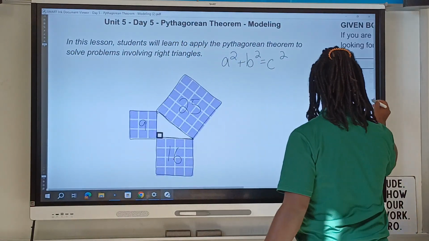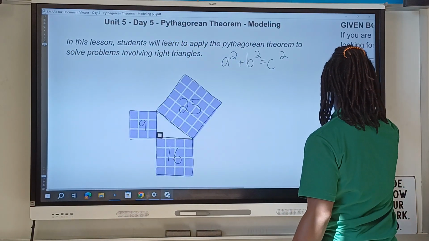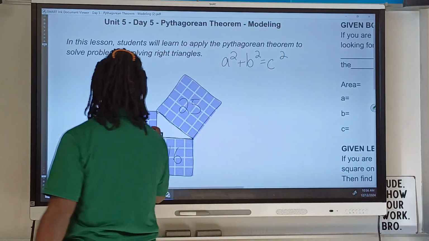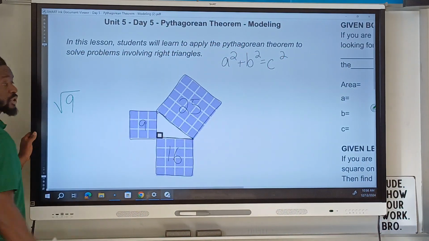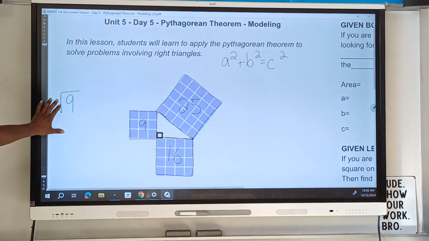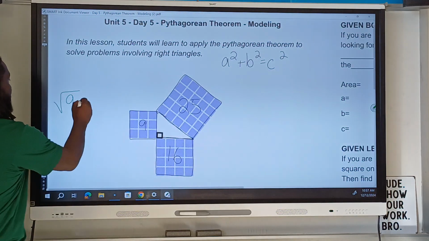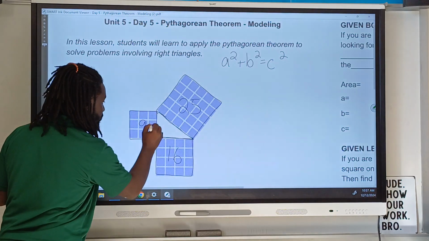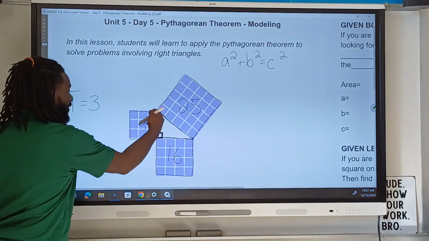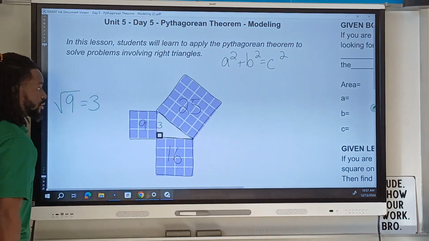But how do I find what the actual length of the side is? Well, to do that, and this is kind of the main point of today's lesson, take whatever that area is, and you have to do the square root of it, right? So the square root of 9 is 3, right? And so again, I could just count. This is 1, 2, 3. So the length of that side is 3, right?